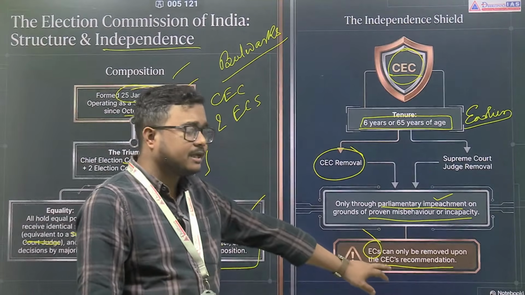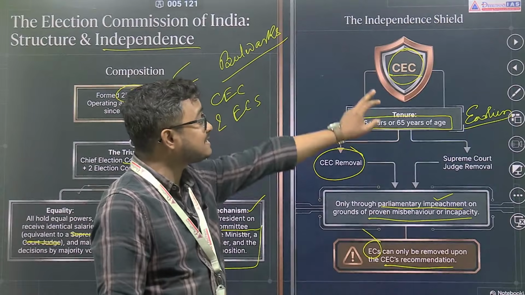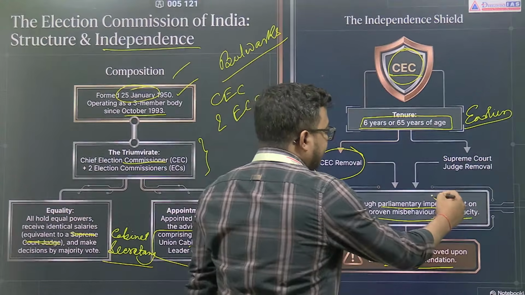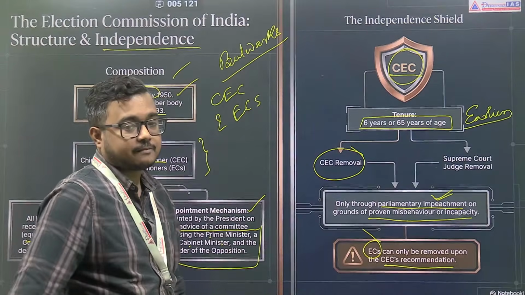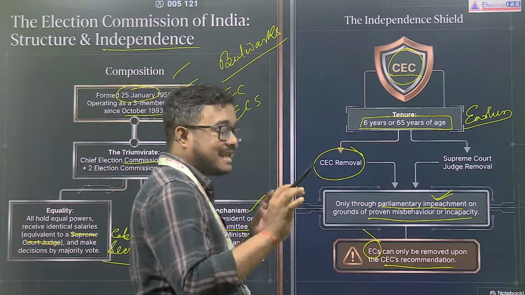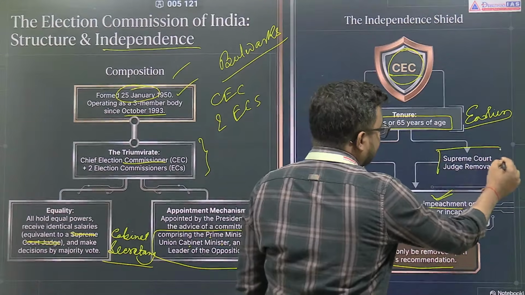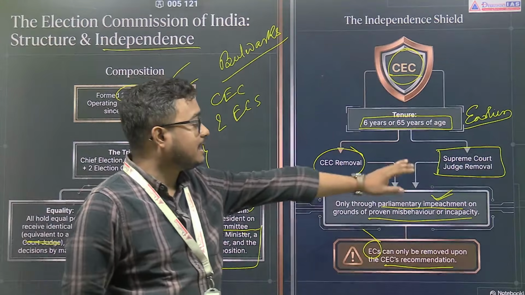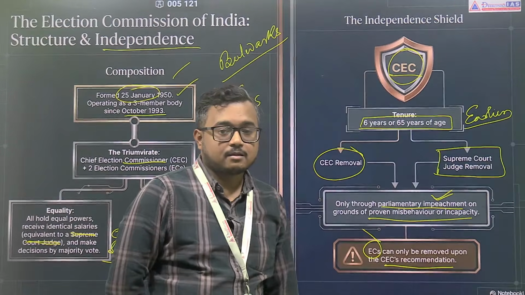But the CEC can be removed only via a parliamentary impeachment, and it is exactly similar to a Supreme Court judge's removal. It is exactly similar to that process, right?